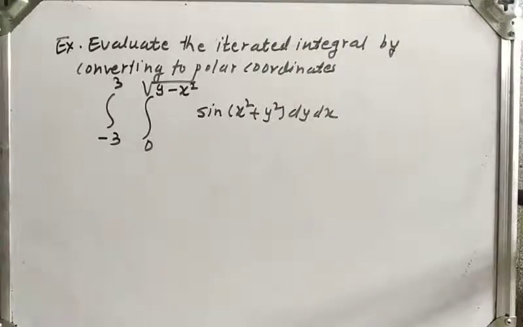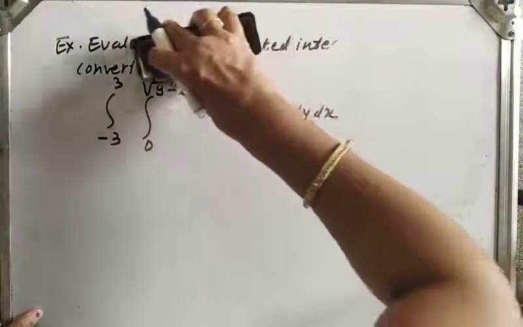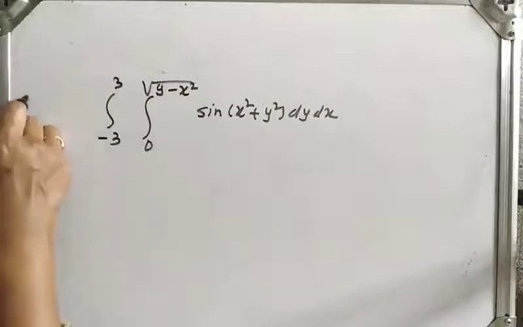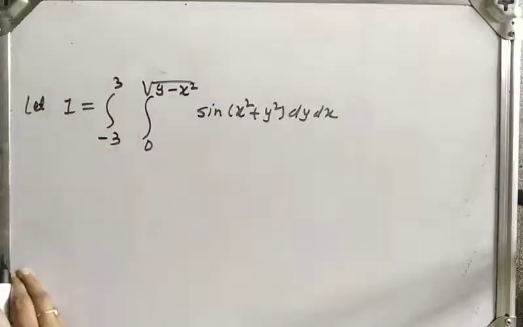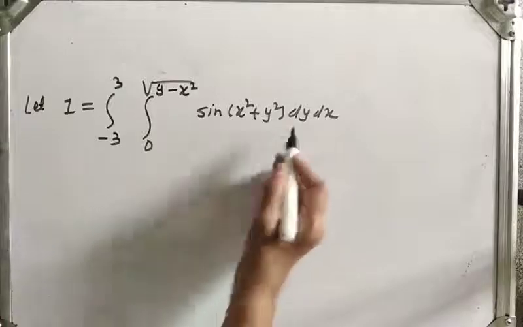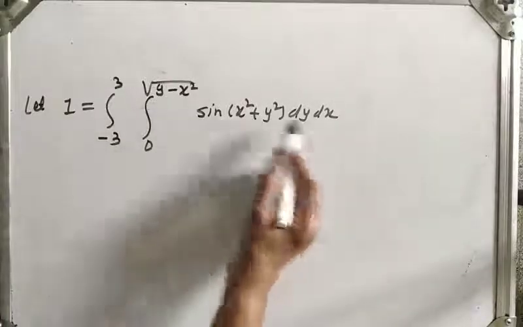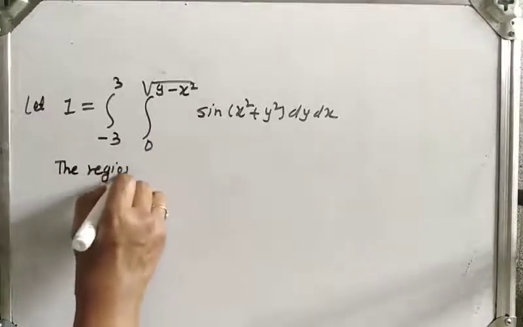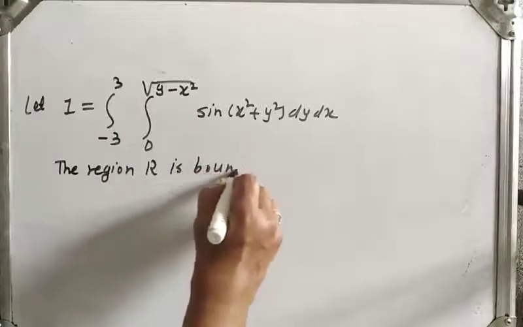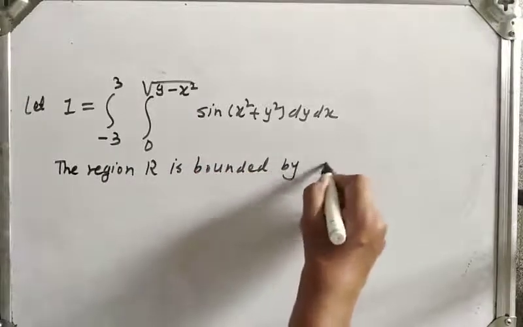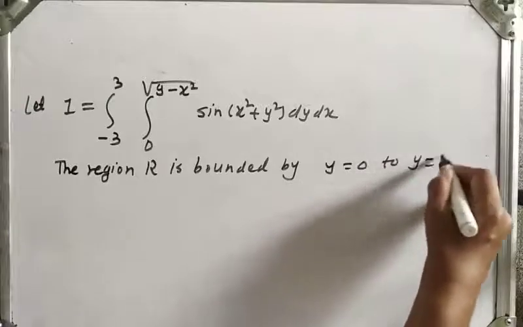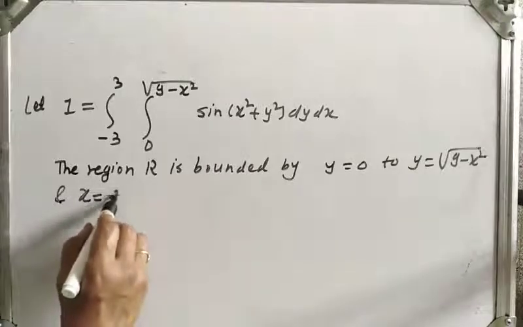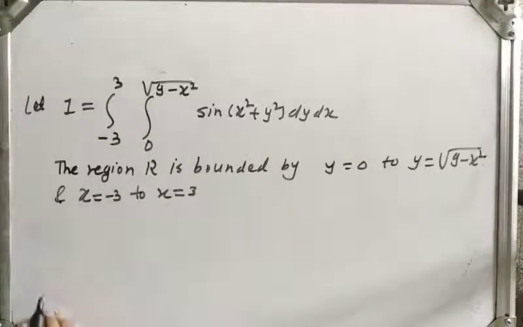So in the solution we have to change this integral into polar coordinates. Okay, the upper limit is square root of 9 minus x square. So let I be equal to this. What are the limit points? Here the region R is bounded by y equal to 0 to y equal to square root of 9 minus x square, and x equal to minus 3 to x equal to 3.